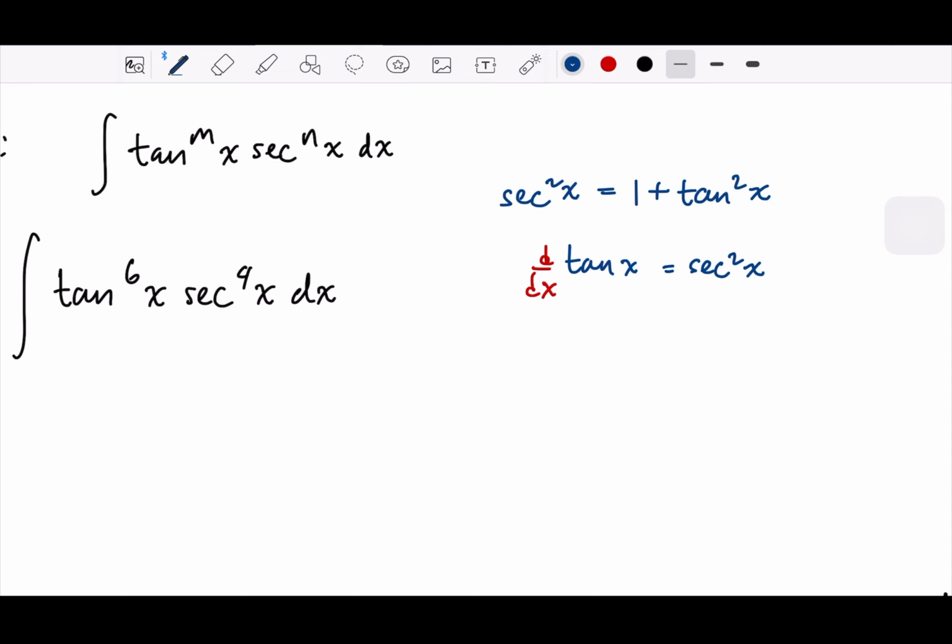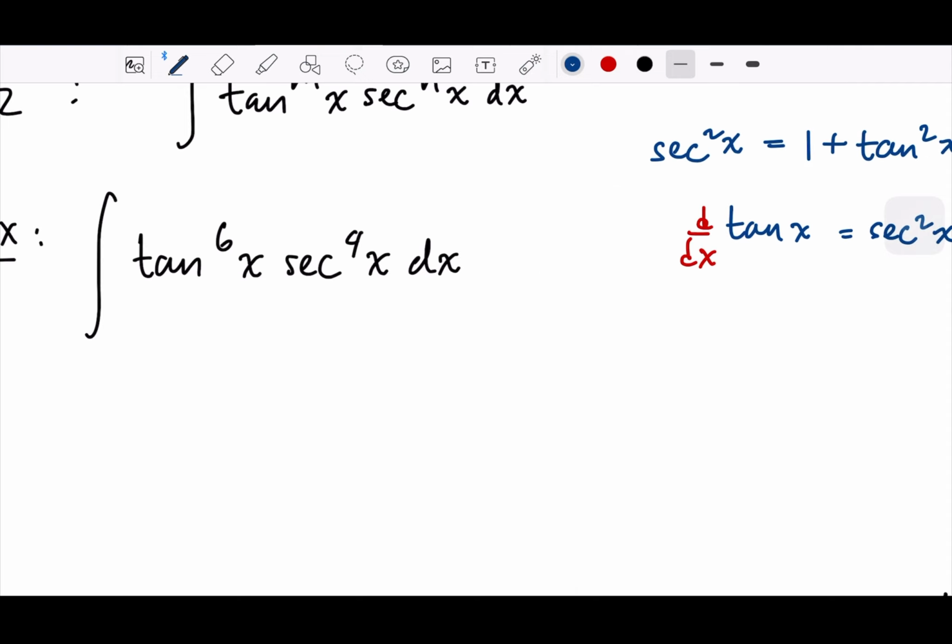We take the secant to the power 4 as secant squared times secant squared, and one of them will be exchanged with this identity, and then we take the substitution for the tangent and cancel the secant squared. I hope you get my point.